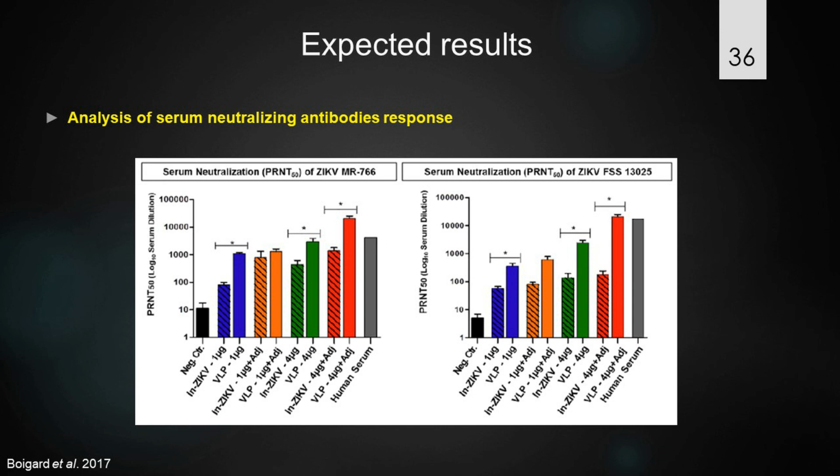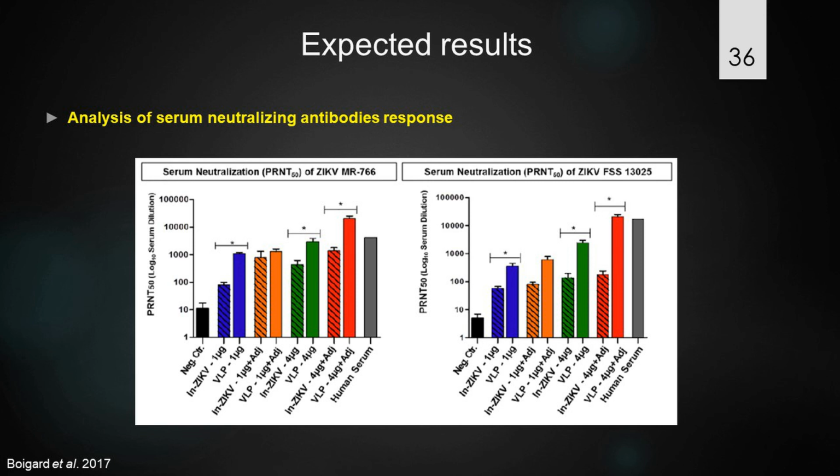Another type of expected result would be the quantification of neutralizing antibody titers. So we would analyze sera collected from mice to quantify it. This is the kind of result we would expect by performing a plaque reduction neutralization test, or PRNT. In this assay, the serum is incubated with the virus and formation of plaques is observed.